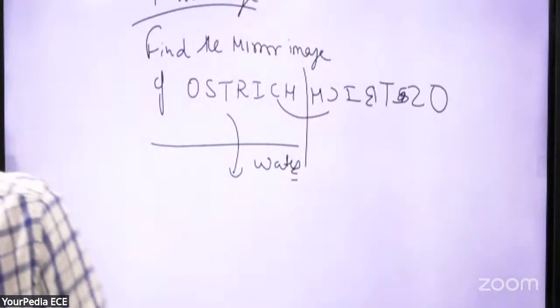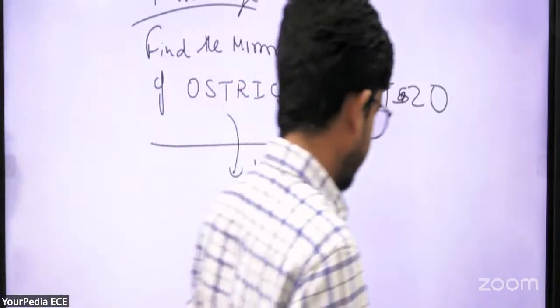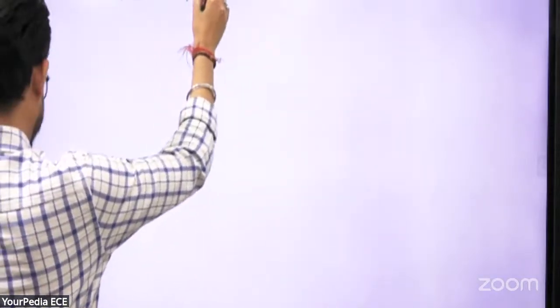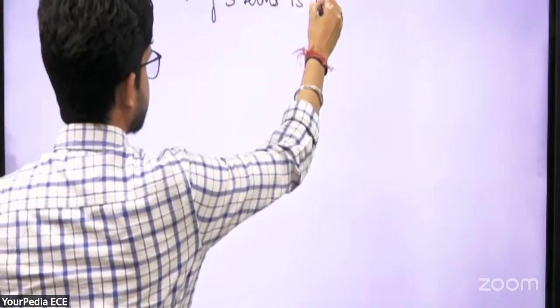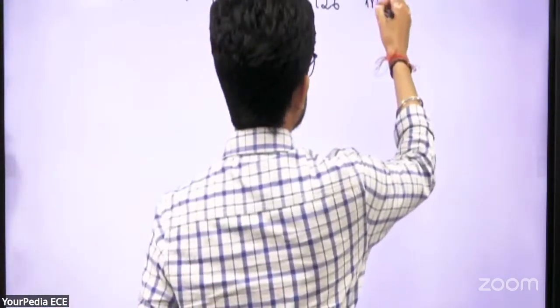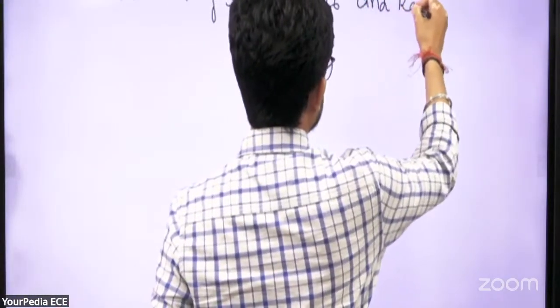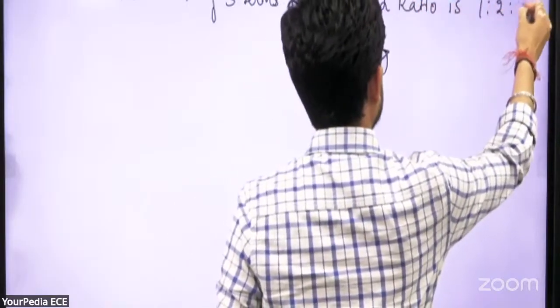Now we are taking other questions also. The question is very important. I got one more question. The sum of 3 terms is 126 and the ratio is 1:2:3.